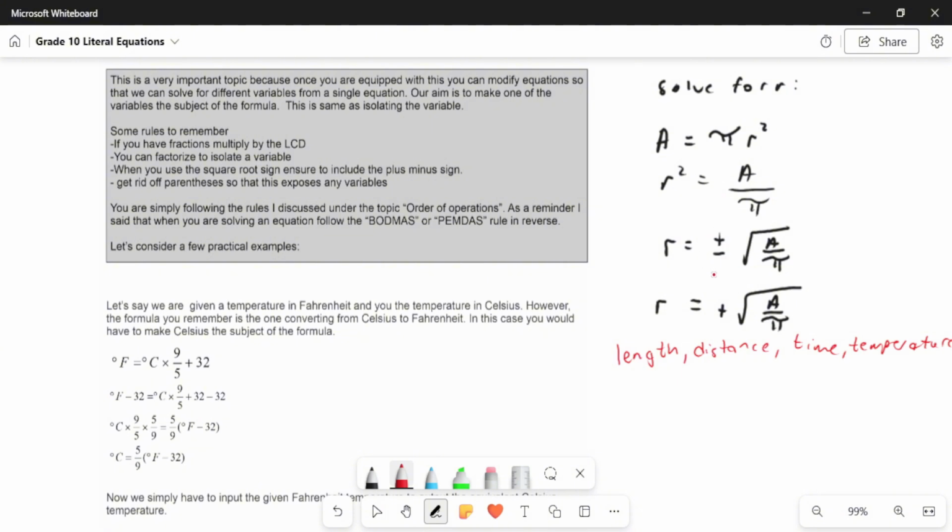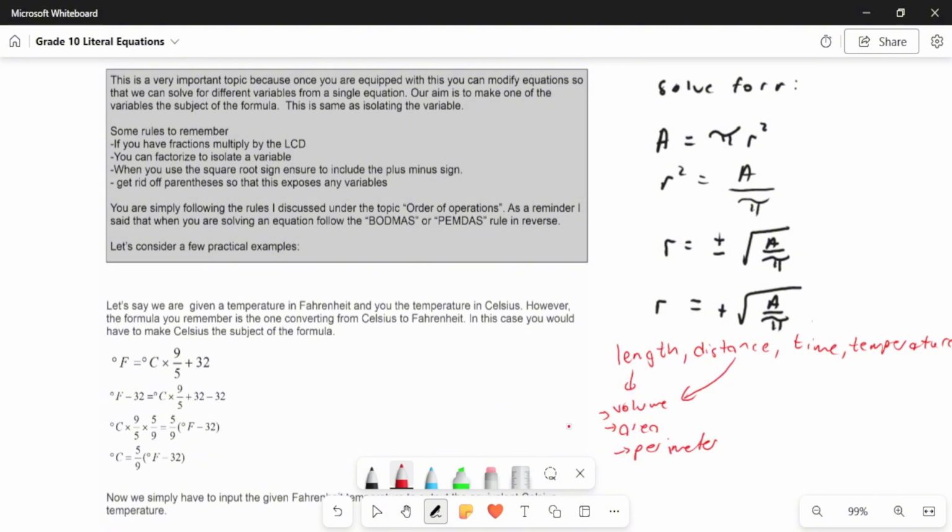It cannot be negative. So you've got your length, distance, time, and temperature. And from length, you can add things like volume, area, perimeter, and so on, whatever the case may be. But what I'm saying is these are the base units. So therefore they cannot be negative. They can only be positive.